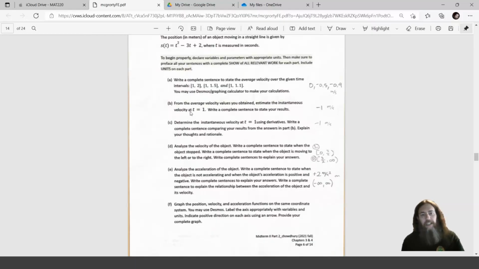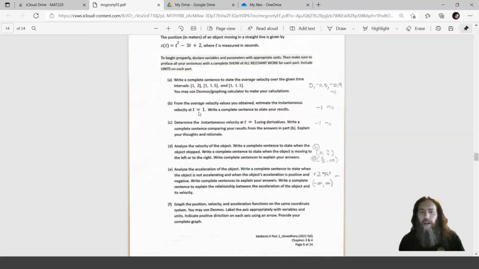So when we take the average velocities we obtained in part A, we want to estimate our instantaneous velocity. What we're doing is taking one of those intervals on either side of our target t value, and we're going to average those two slopes to find essentially our instantaneous velocity at t equals 1.